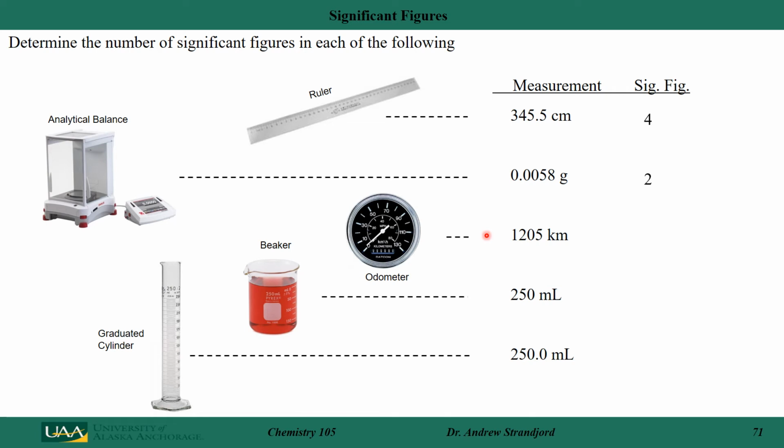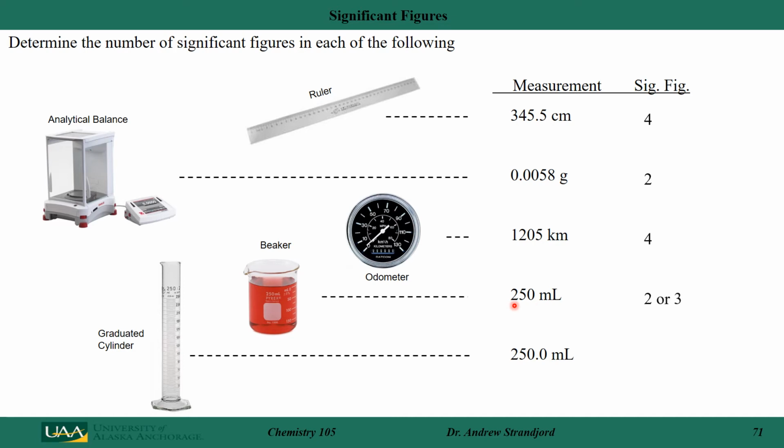If I have an odometer and I measure how far I've gone and I report 1205 kilometers, I'm going to have 4 significant figures. If I use a beaker and I report 250 milliliters, I don't know if that 0 is significant or not. So I don't know how many significant figures I actually have here. There's a little bit of ambiguity.